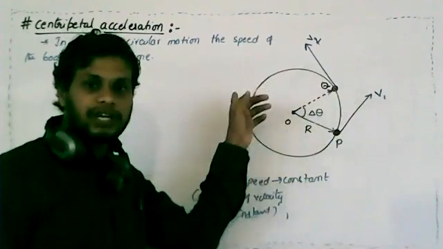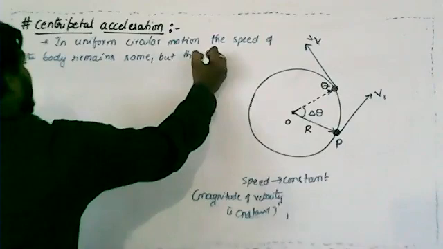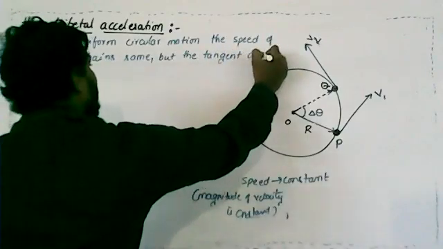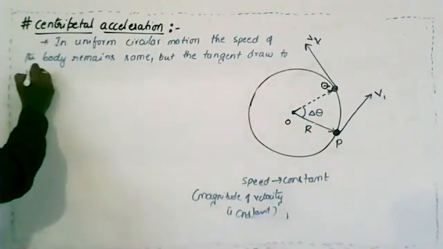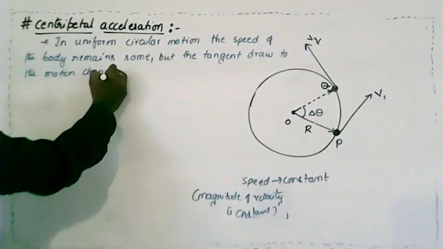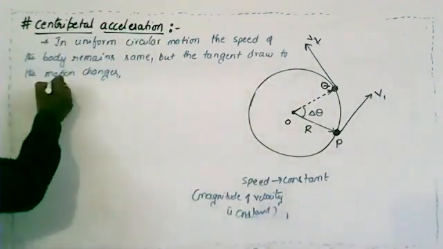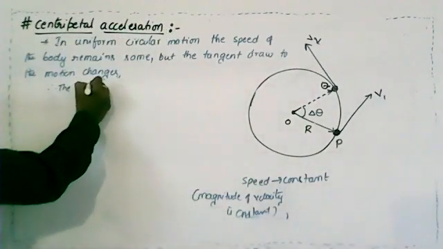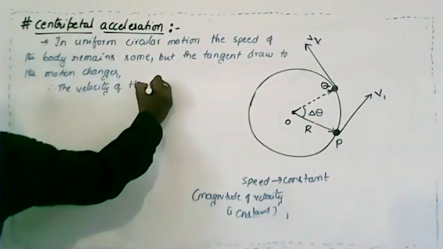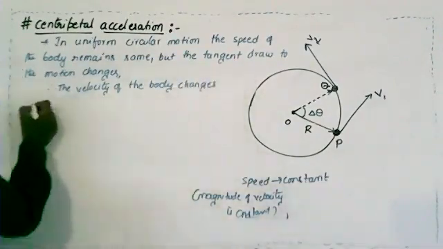Because the tangent drawn to the circular motion gives the direction of velocity, and that direction changes. Therefore, the velocity of the body changes continuously.